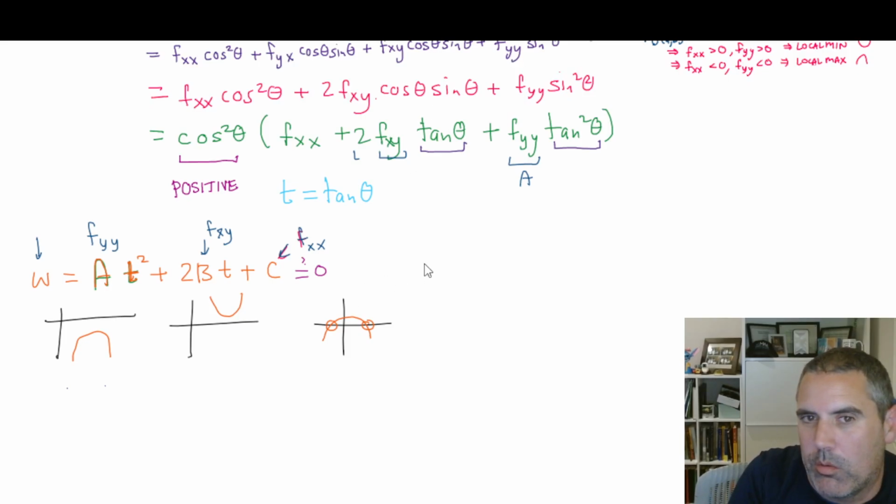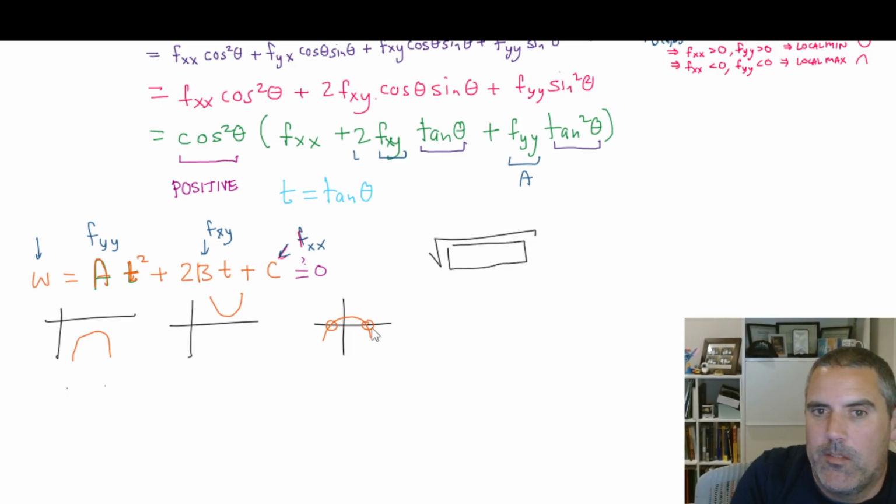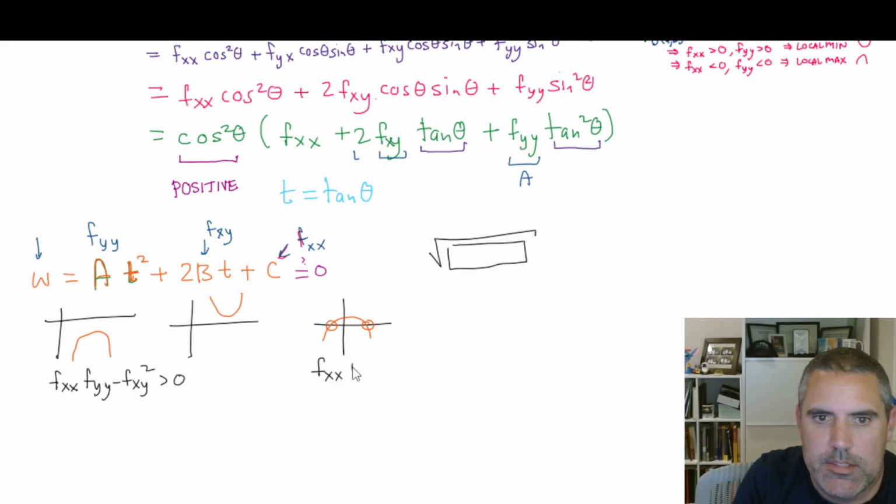Now back to our quadratic formula. How do you have two solutions? You need the thing under the radical to be positive. So the same argument with the flip sign. So instead of having f of xx, f of yy minus f of xy squared greater than 0, you need f of xx, f of yy minus f of xy squared less than 0.